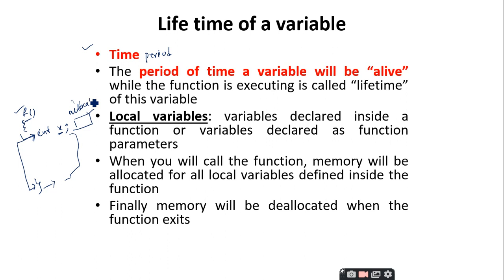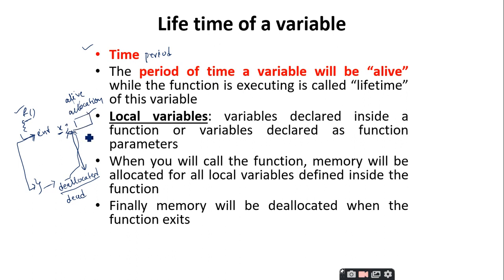So here you have the allocation, and when you come out of the function, it will be deallocated. When the memory is deallocated, we say that the variables are dead. When the memory is allocated, we say that the variable has taken its birth and it is alive. So from this point to this point, the variable x is alive.